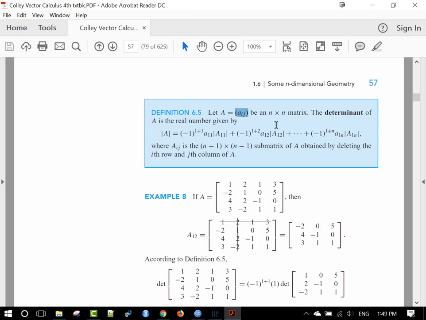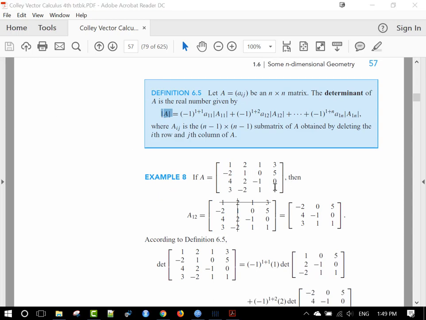Now we want to define what we mean by the determinant of this matrix. So the determinant of this matrix looks like this. Well, looks horrible, but there's another way to state it that makes it look easier. So let's look at it in this example. So we have a 4 by 4 matrix here.